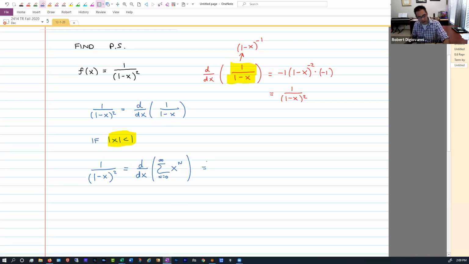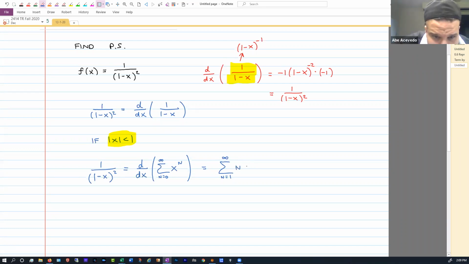Well, power rule, right? This becomes the sum from n equals 1 to infinity of n times x to the n minus 1, because we're differentiating. Let's just plug numbers in.